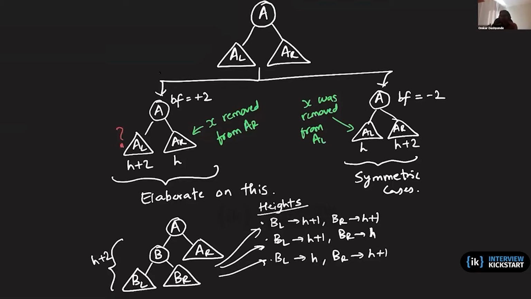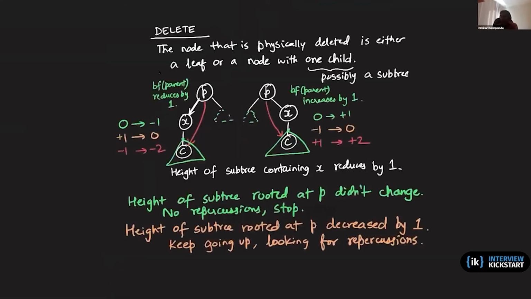Now, A could have been the immediate parent of X, which got a balance factor of +2 or -2, or maybe the parent itself didn't have an issue because the balance factor became 0 there, but some ancestor did.